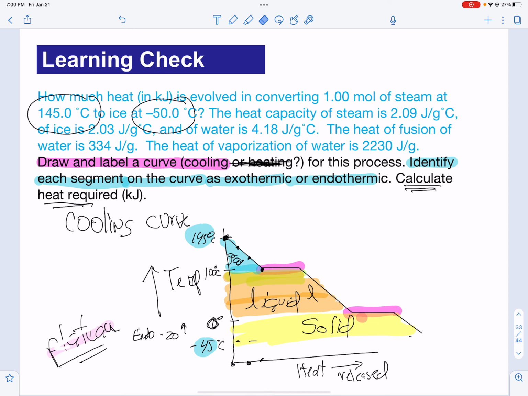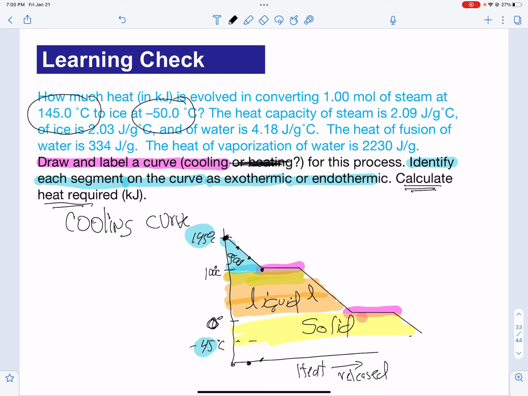The way we're gonna do that is by knowing the formulas that we can use to find Q. You can find Q by doing the mass times the heat of vaporization.